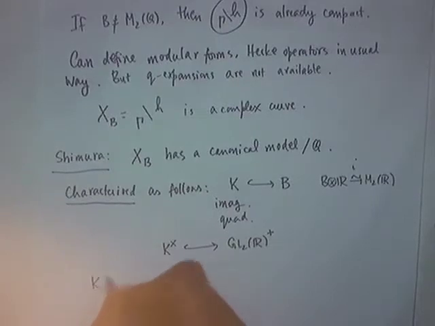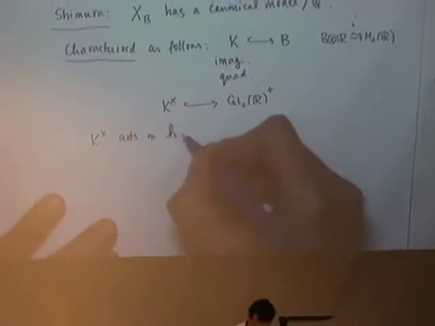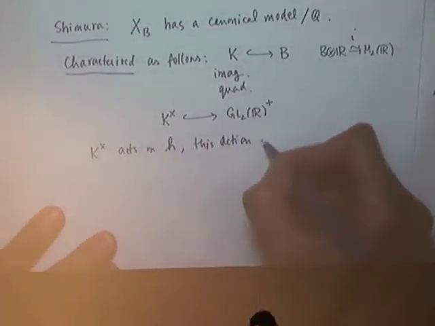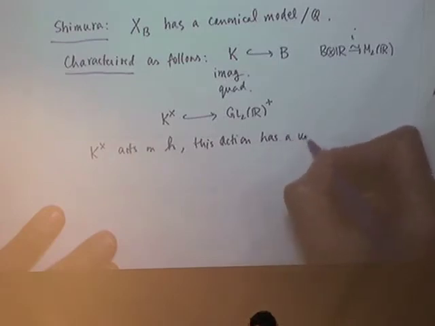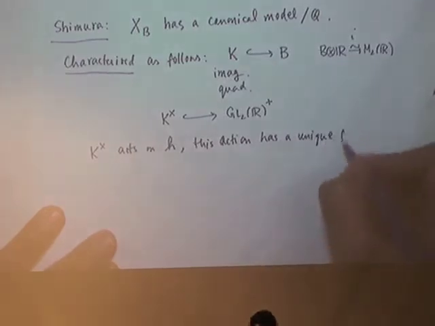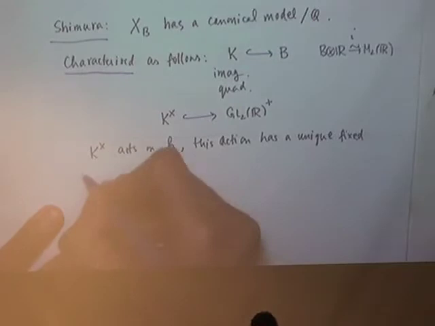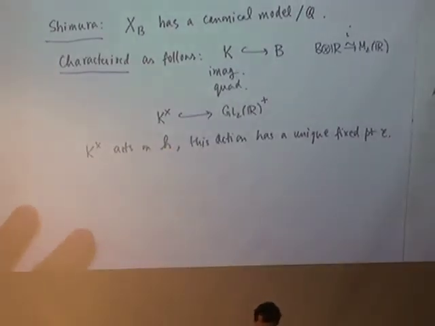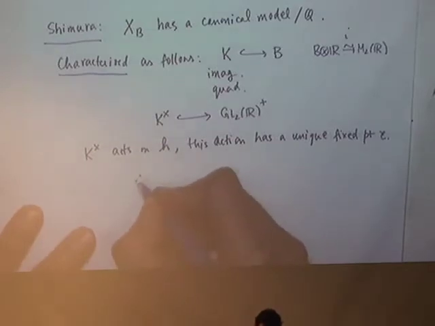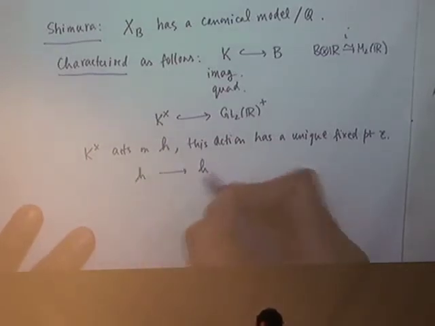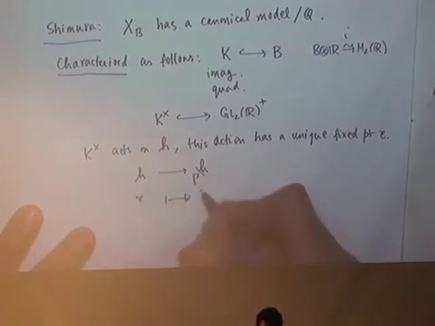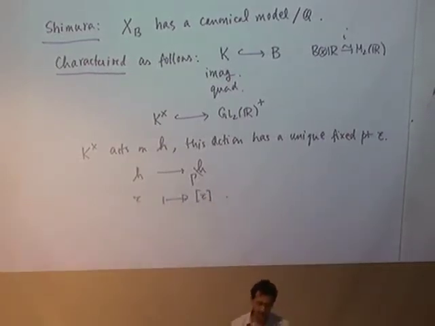So K cross acts on the upper half plane, and this action has a unique fixed point, which I'll call tau. So I can start with this tau, which is in H, and look at the image of tau in H mod gamma. That gives you some point.